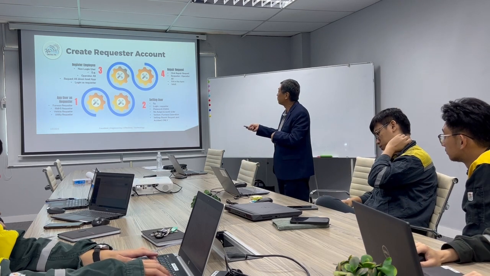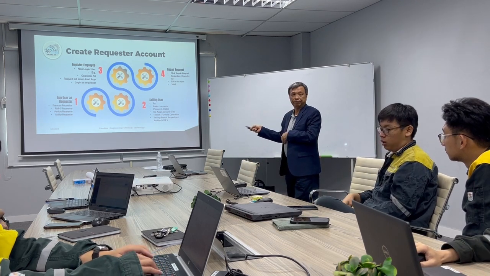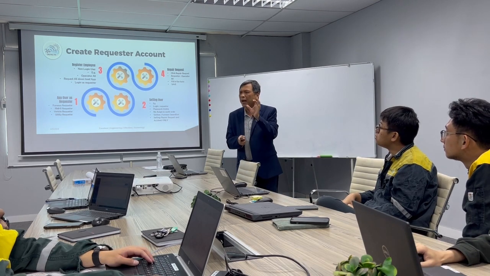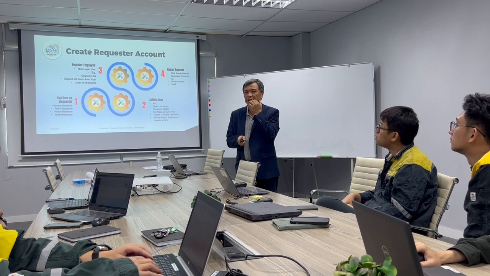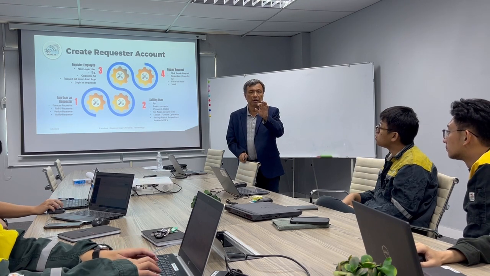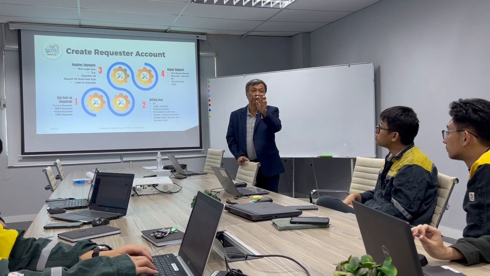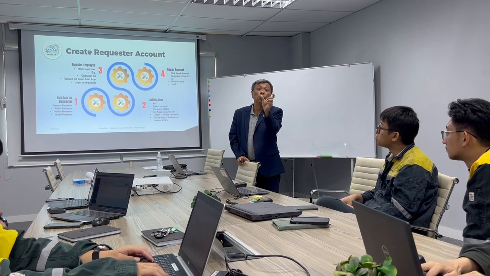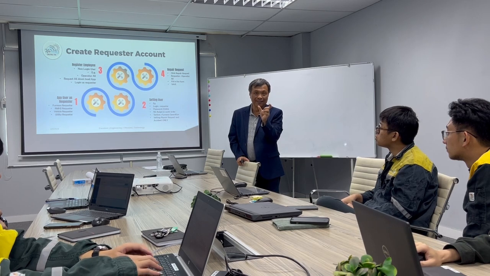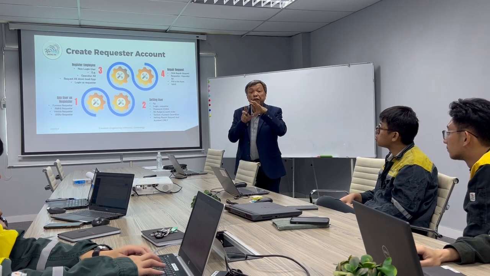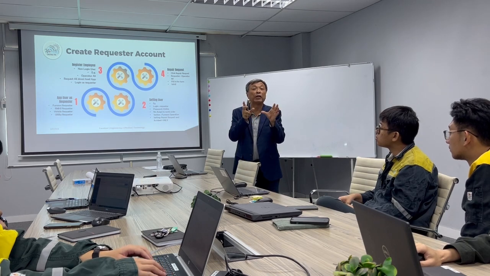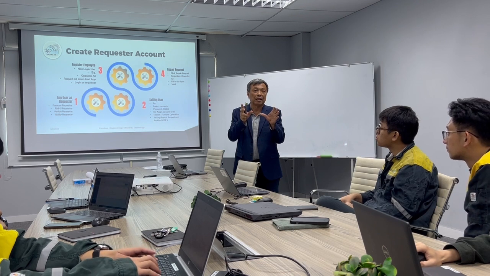This is what I'm trying to do: create one requester account for each different department. Now, why each different department? Because when production opens this account, you will select the location, correct? So the information will only flow to the people, employees or engineers, assigned to this location.